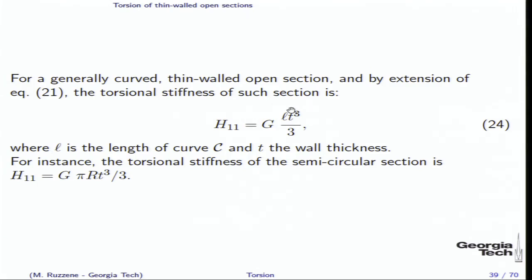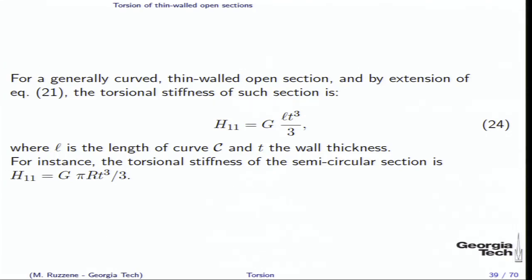So we take the length of the curve, and the length of the curve is identified by a coordinate S, which goes parallel to the curve. So first we identify that we have a thin-walled section with a particular thickness, we find the curve which is in the middle of that section, at the middle thickness, and then we calculate the length of the curve by a coordinate which moves along that curve.